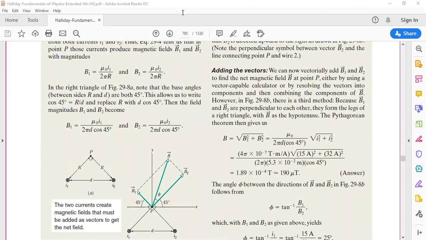Roll number 26. Yes, roll number 26. What is your good name?